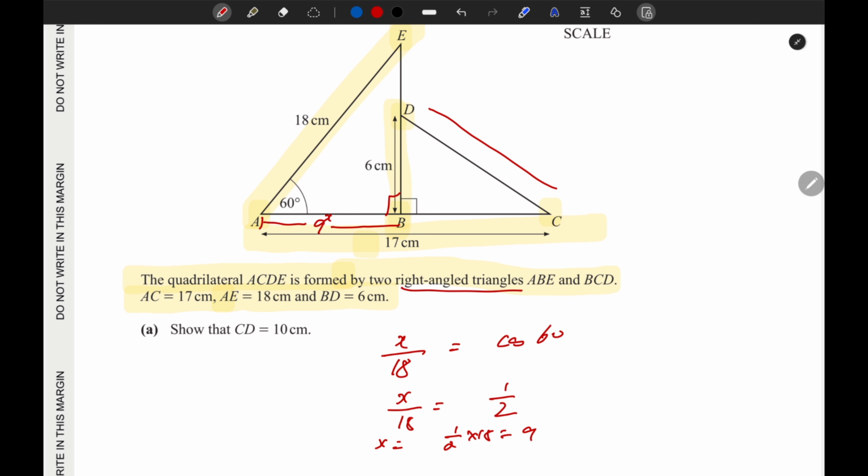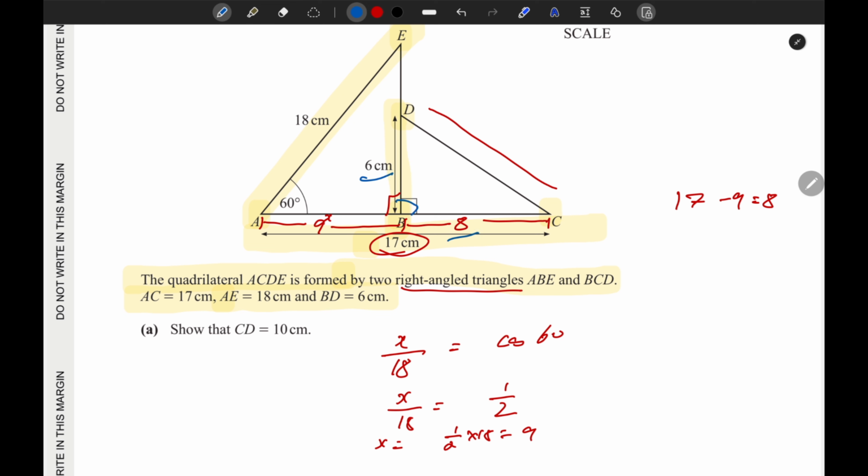So B to C, we know that total AC is 17, so 17 minus 9. What is 17 minus 9? I think this is 8. So this side from here to here is 8. Now in triangle DBC, this is again a right angle triangle. So this is 6, this is 8.